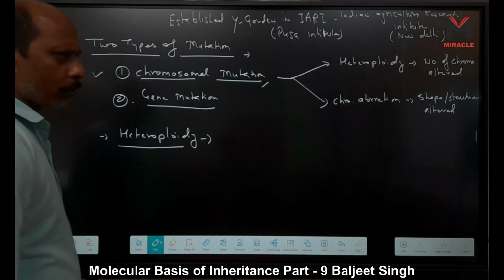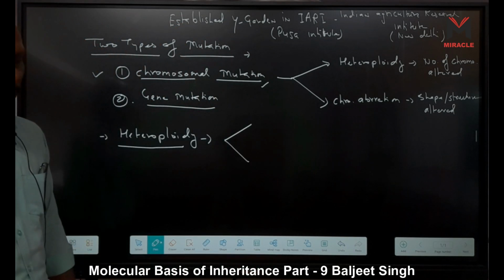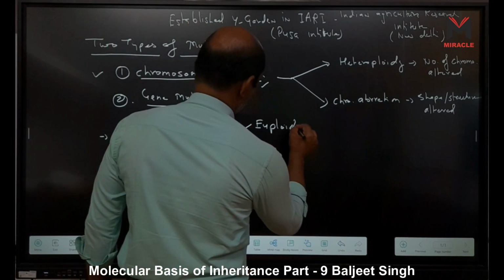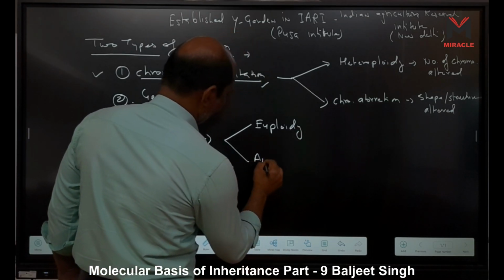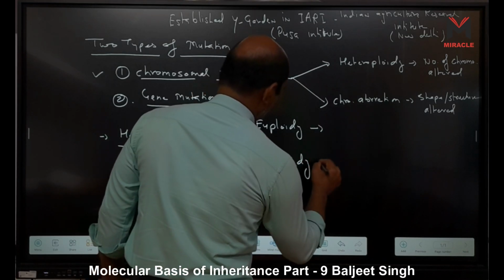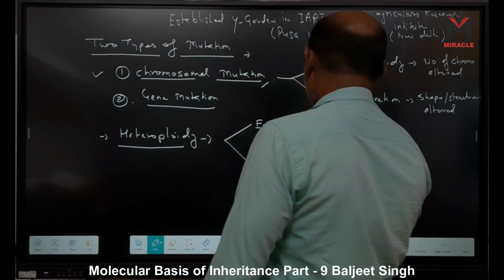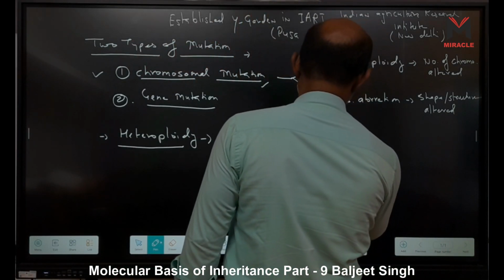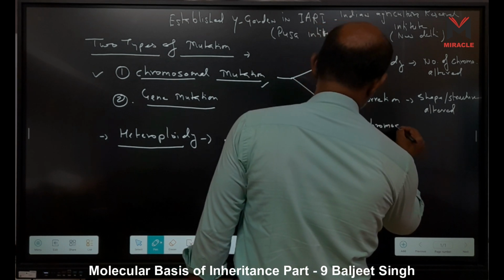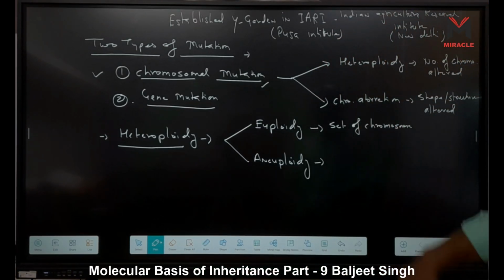So heteroploidy is also two types: the first is euploidy and the second is aneuploidy. Euploidy means the set of chromosomes increases or decreases.